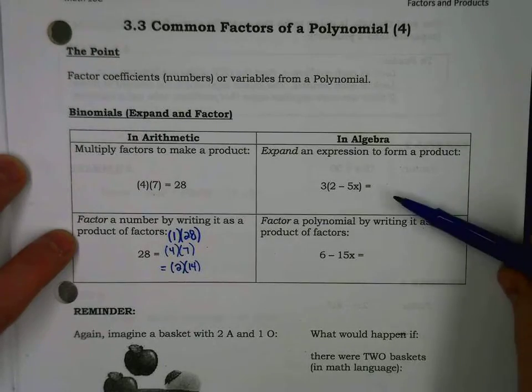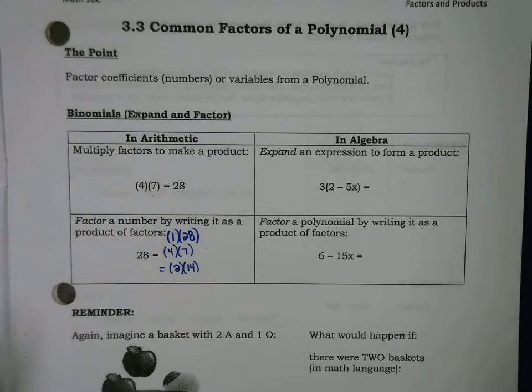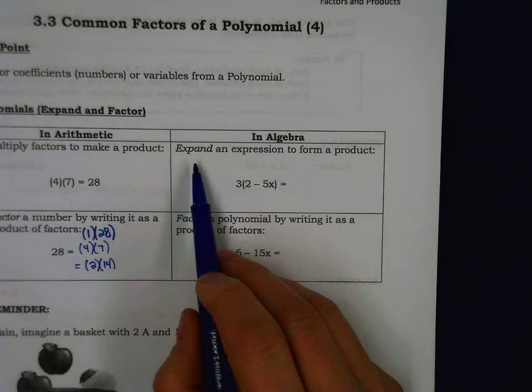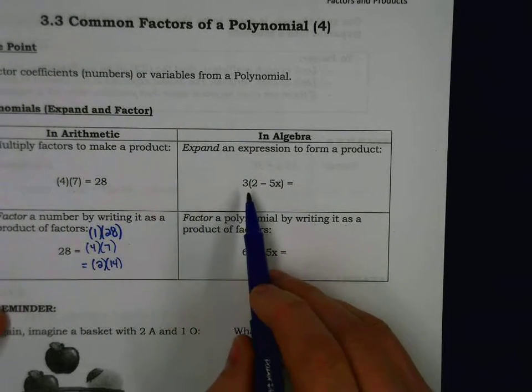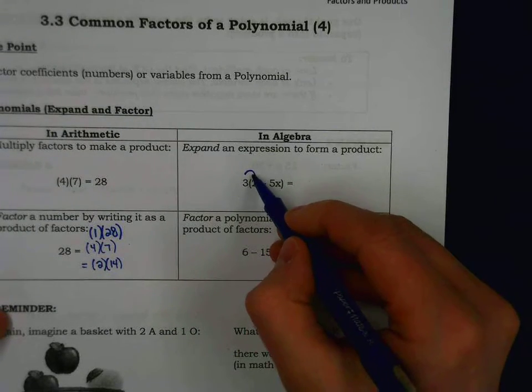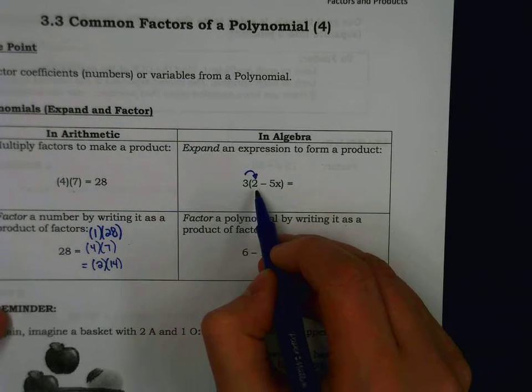When we're speaking about algebra and multiplying and expanding and factoring, it might seem a little bit strange. If we were to expand, in a previous lesson we were saying you've got 3 of these brackets, which means we're actually multiplying that number 2 by 3.